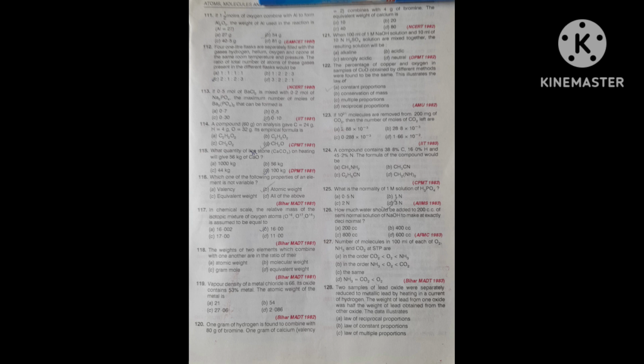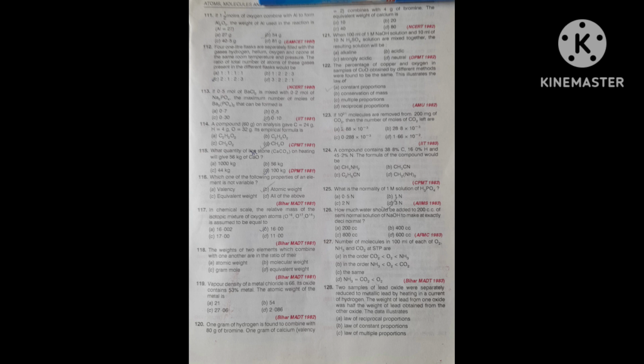Hence the answer will be option C, the same. Correct? Number of molecules in 100 ml of each of O2, NH3 and CO2 at STP are the same. This question was asked in the medical examination, Bihar medical, MADT.